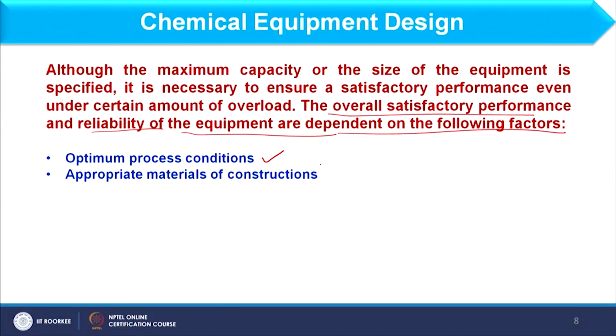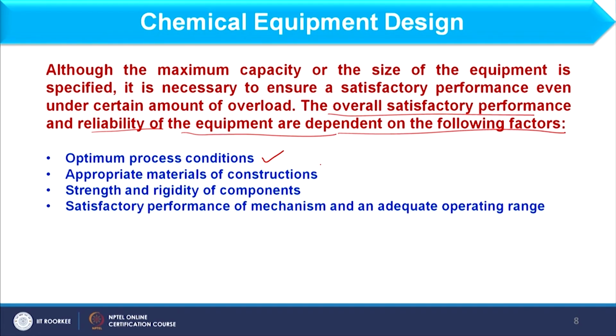Next is appropriate material of construction. We have to choose appropriate material of construction. Strength and rigidity of the equipment or the component is very important, so that it should not fail while carrying out the operation. Satisfactory performance of mechanism and adequate operating range. So, here you see operating range.